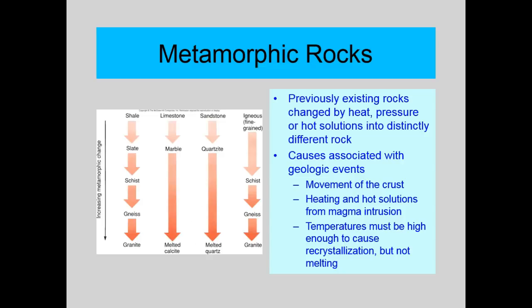But that limestone gets buried under more and more layers, and now more heat, more pressure, limestone metamorphosizes to marble. Frankly, I don't know if you've ever dealt with marble rock. It is beautiful. In my mind, it's the prettiest rock out there. And we'll show you some examples of it.